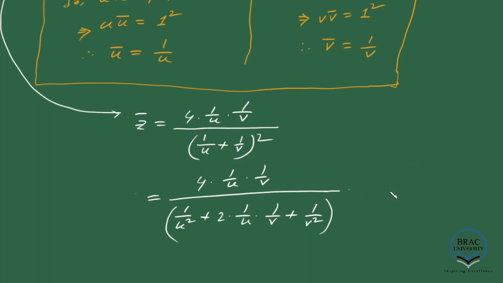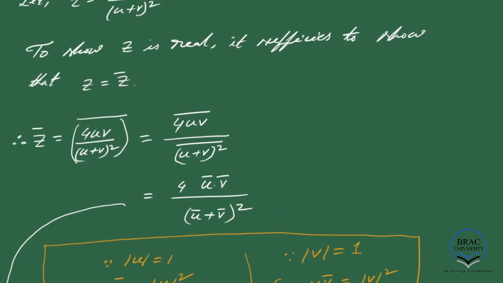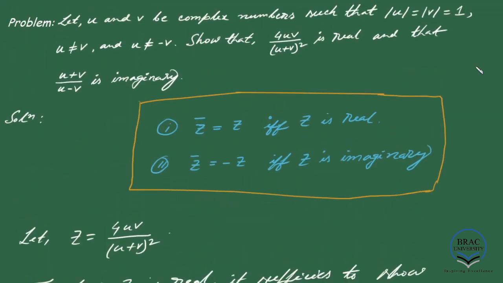Now at this point, let me remember what the goal was for calculating the conjugate of z. The goal here was really simple. We wanted to show that the conjugate of z is equal to z, but in my case, z is 4uv. It doesn't have any term that looks like 1 over u, 1 over v, something like that.